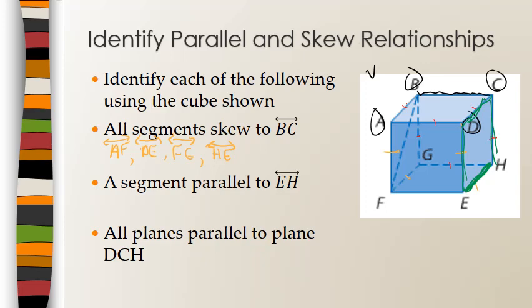And EH could be in the plane of the bottom of the box, right here. Could it be in another plane? I think that's about the two planes that it would lie in. All right, so we're looking for lines that are parallel to EH.